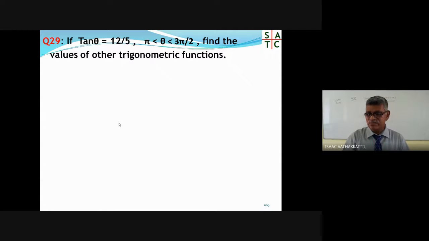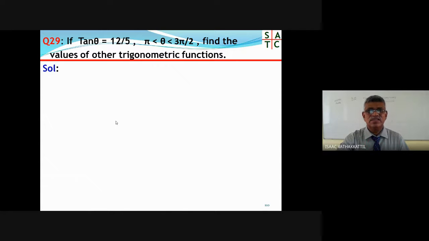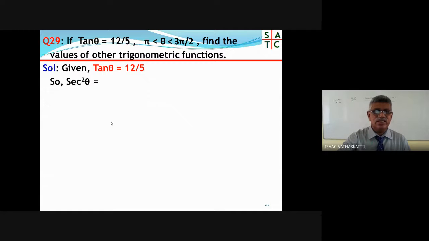How do you get it? We have the identities. Tan theta is 12 by 5. Sec squared theta equals 1 plus tan squared theta. I hope you remember the identities. Tell me now, what is 1 plus tan squared theta?